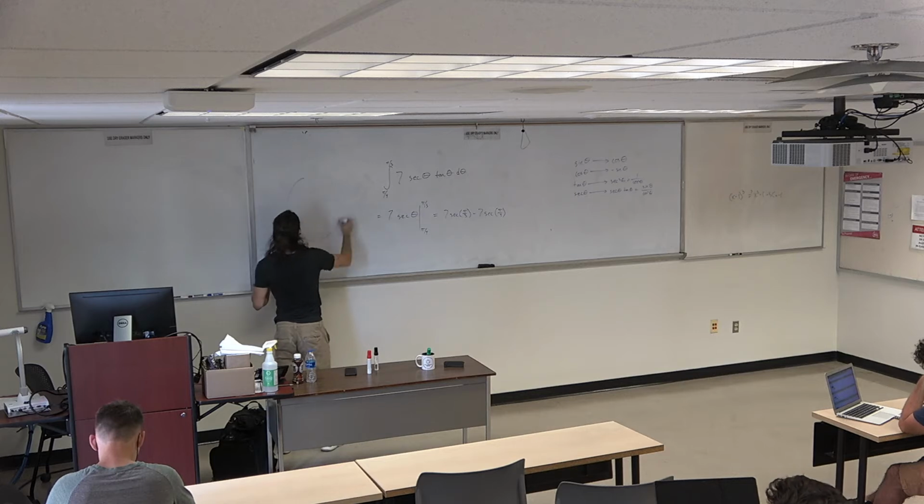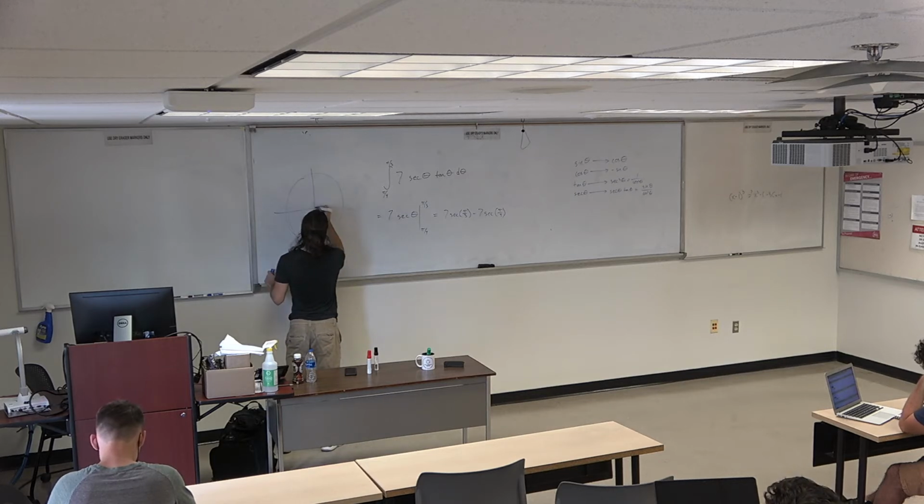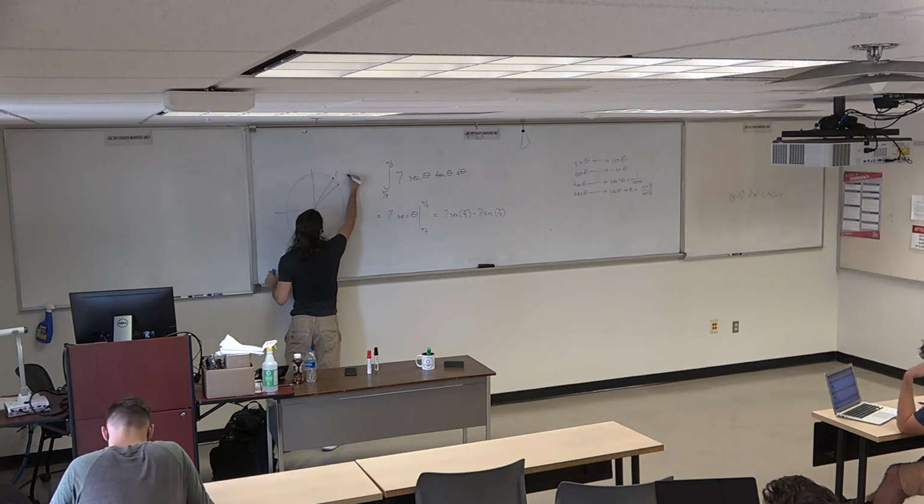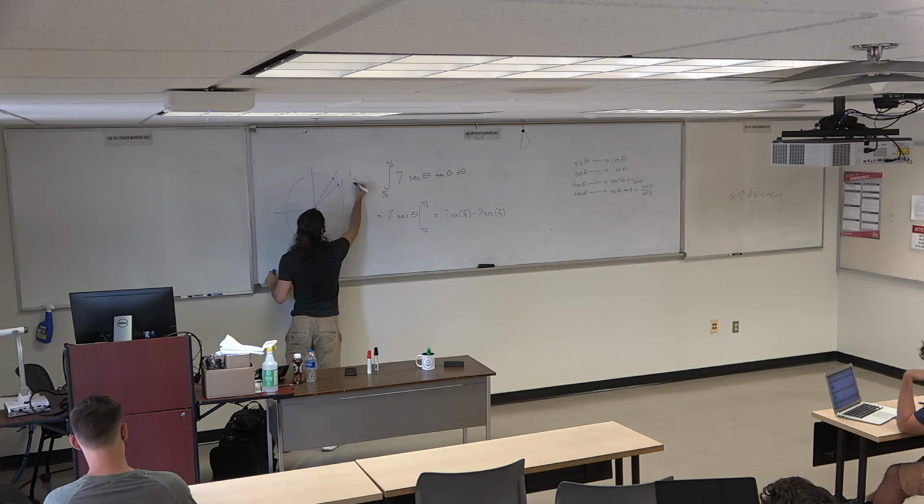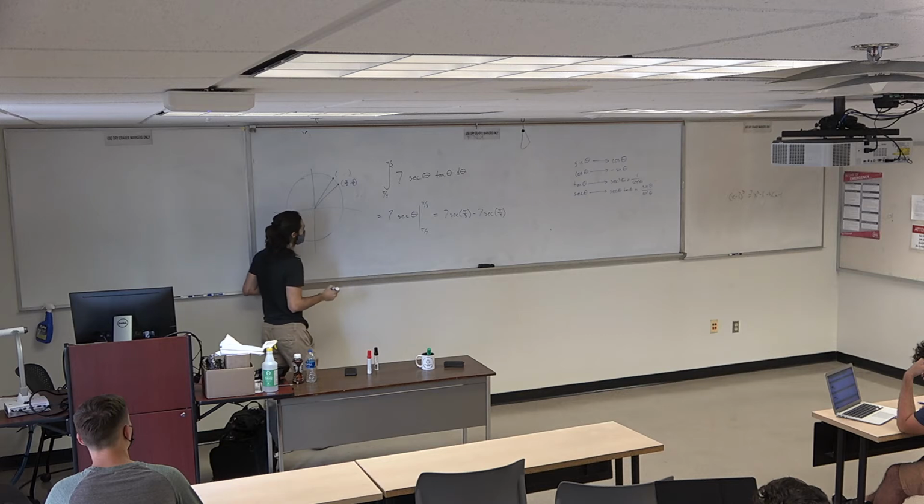Well, you can always give it one of these. All right, here's pi over 4, pi over 3. This one's right in the middle, so its sine and cosine are the same, root 2 over 2.